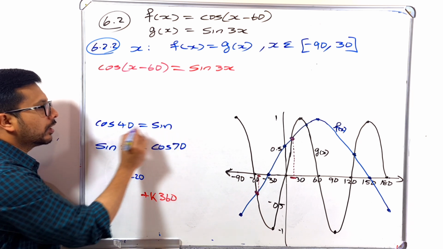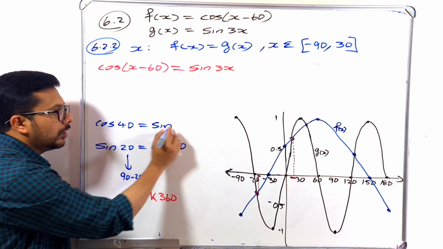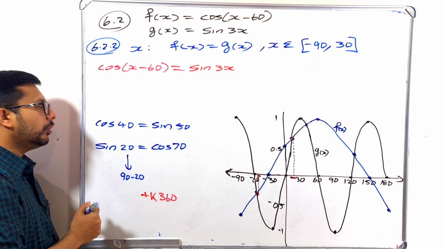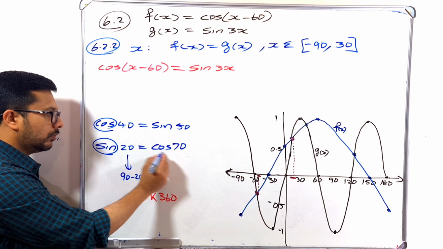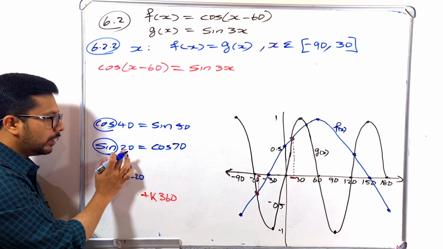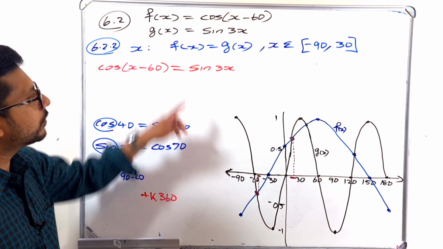Sine of, you have to check what is 90 minus 40. 90 minus 40 is 50. So sine of 50. You understand? So you can convert a sine or cos into the other. You just subtract this number from 90. Okay.